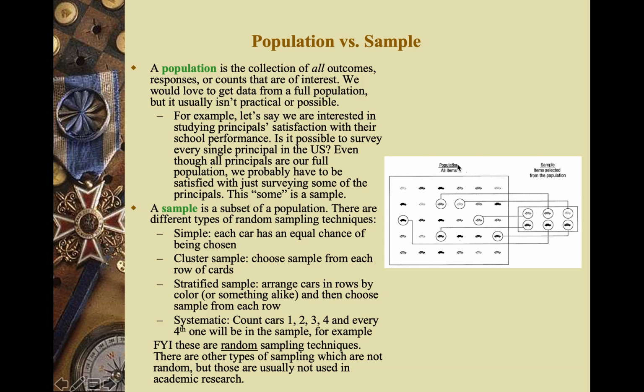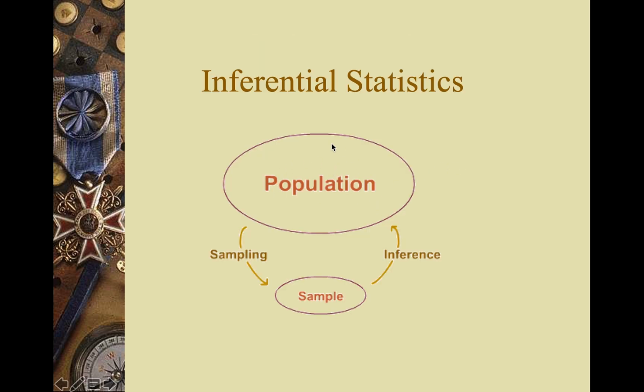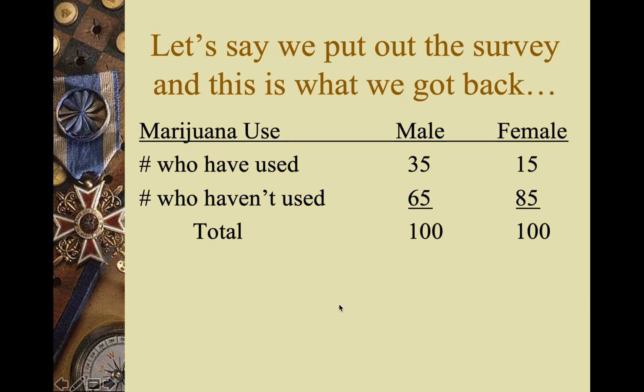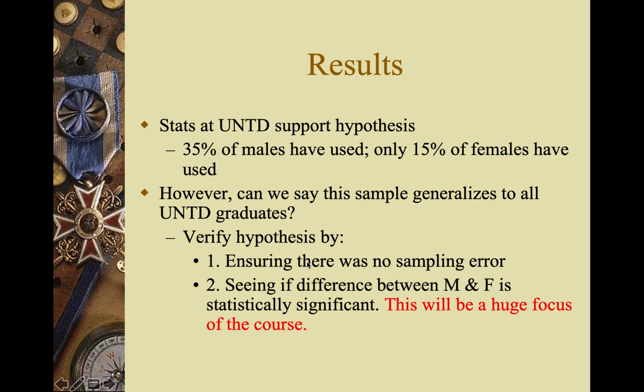If we didn't include them, they were part of our population, but we didn't include them in our sampling, that could lead us to say that our sample was wrong, we had sampling error, and so we can't make inferences about the population. So it's important that your sample is correct.